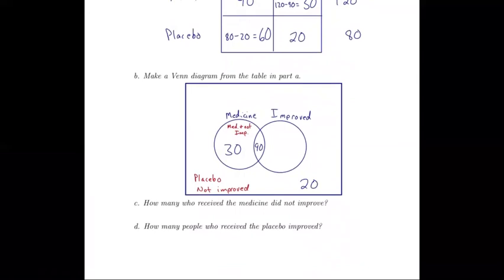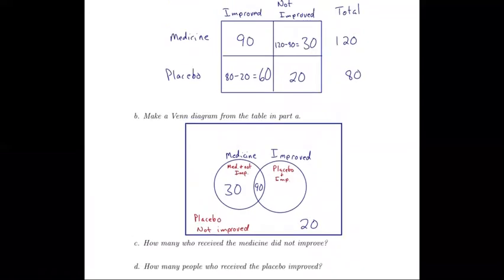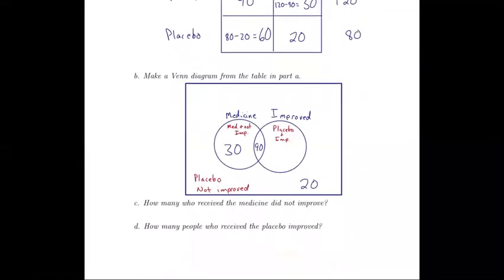And those who were given the placebo, and this is placebo and not improved. Oh, oops, and improved. That's incorrect. It is in the improved circle, so it needs to be placebo and improved. Okay, and that count for placebo and improved is 60.